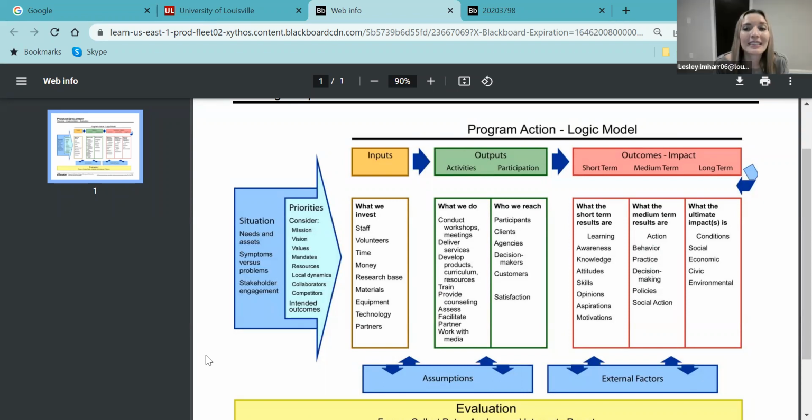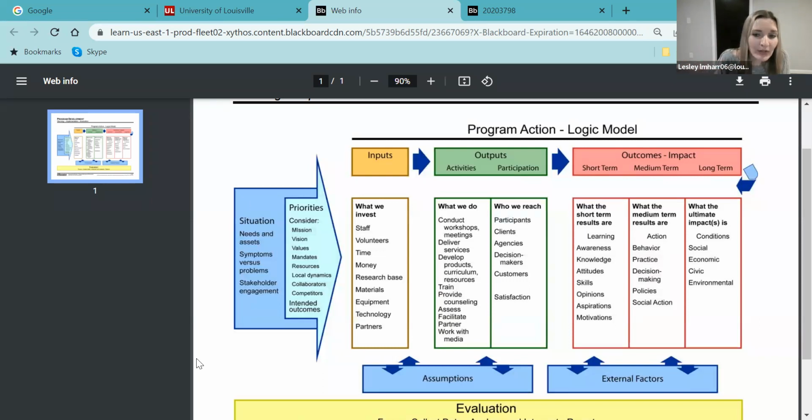Yes. Yeah, and in fact, that is the way the example is written and the assignment is written, that I believe they collapse the short term and medium term into one. So it's like immediate outcomes and then long-term outcomes. And this is just one example that I really like because I think it's clear.